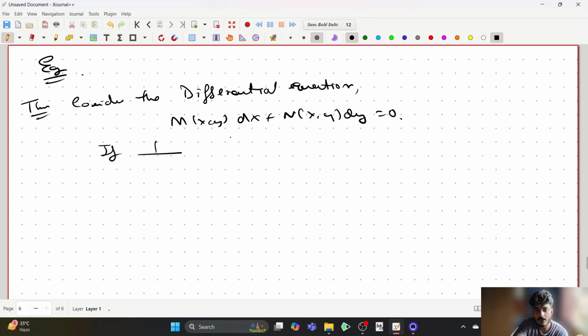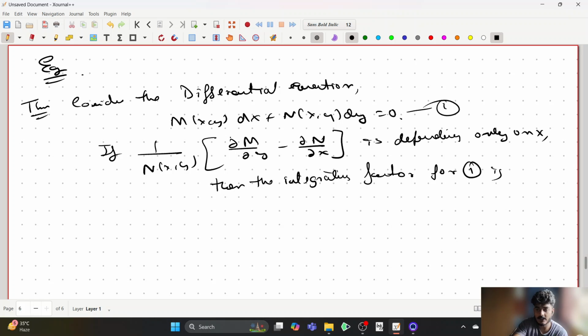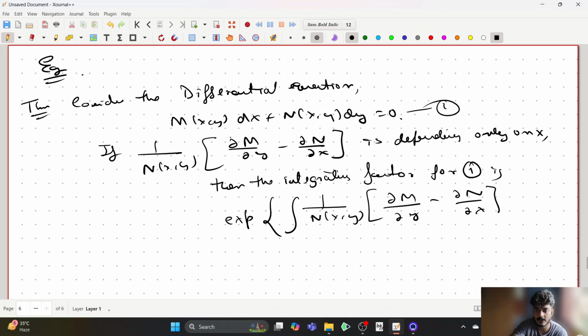Now if (1/N)(∂M/∂y − ∂N/∂x) depends only on x, then the integrating factor, let this be f, then the integrating factor for f is the exponential of the integration of (1/N)(∂M/∂y − ∂N/∂x) dx.